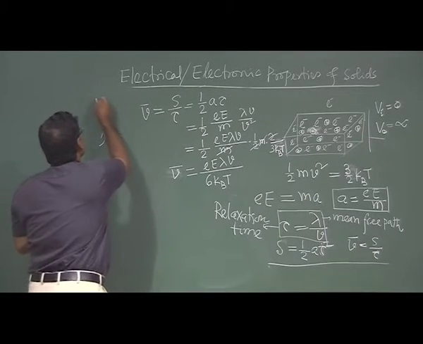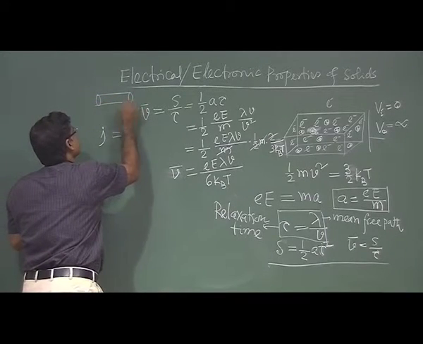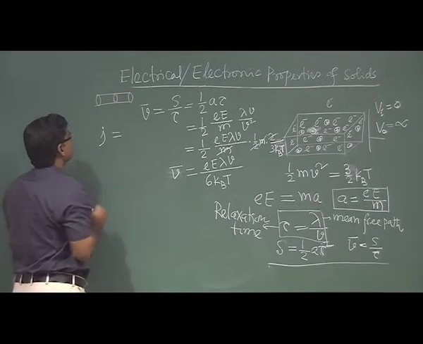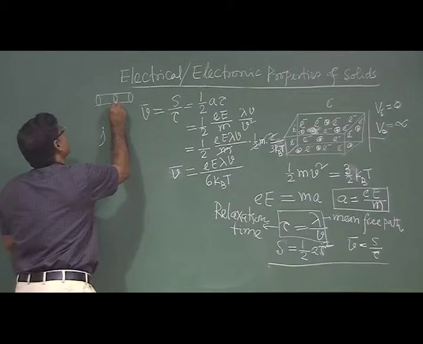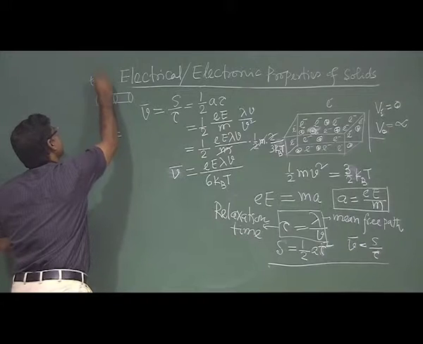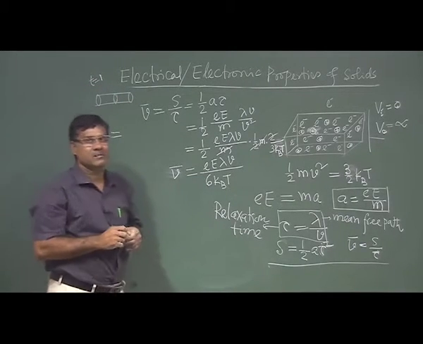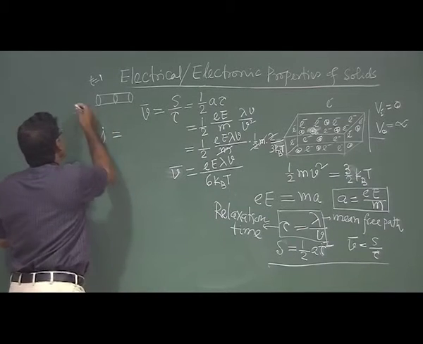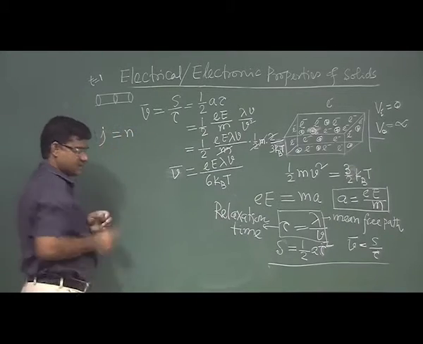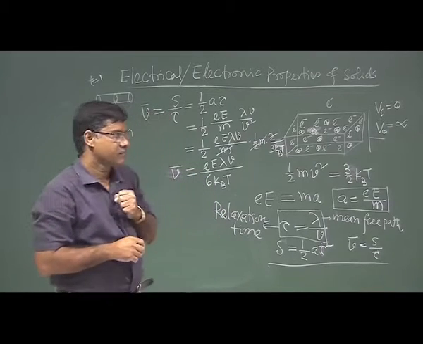I have to see if this is the conductor, right. If I take this cross section, right. Now, per unit time, at t equal to 1, how many charges will move? n is the charge density, the number of electrons per unit volume, right.